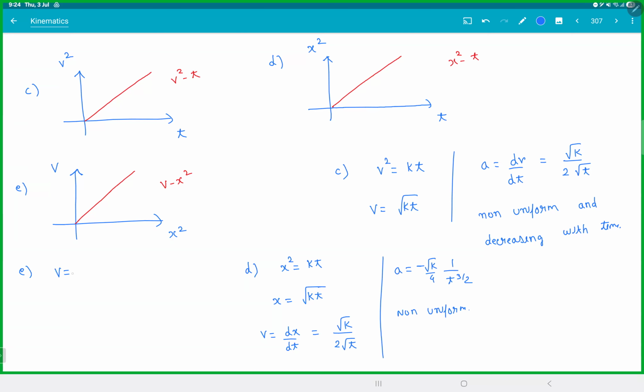E's graph is v is equal to kx square. Acceleration will be v dv by dx. This is kx square into 2kx. Yeah, this is definitely increasing. All are non-uniform, but this is increasing. Clear with this?